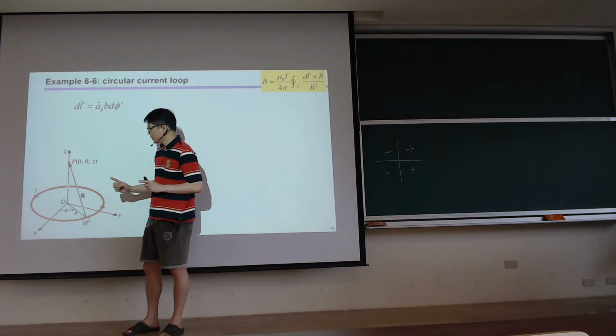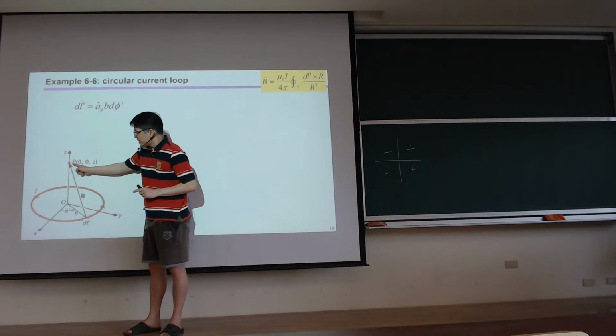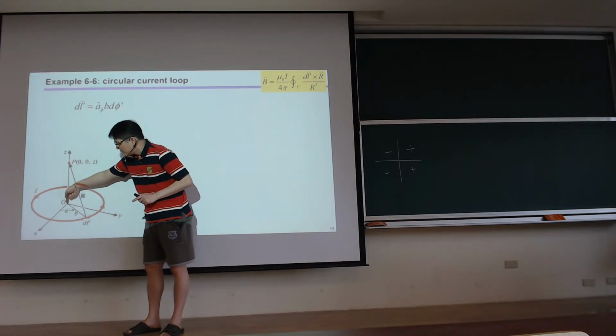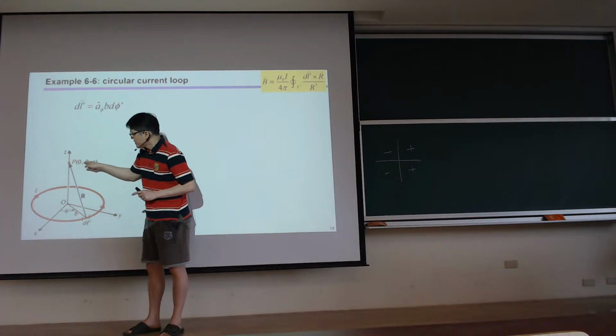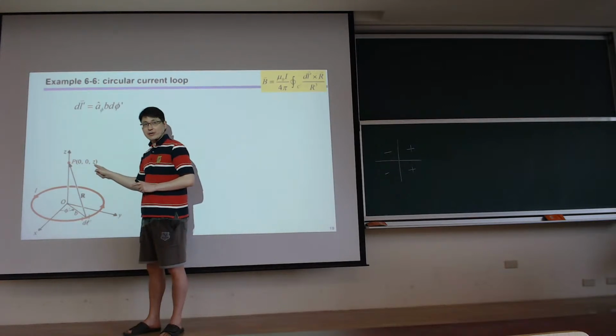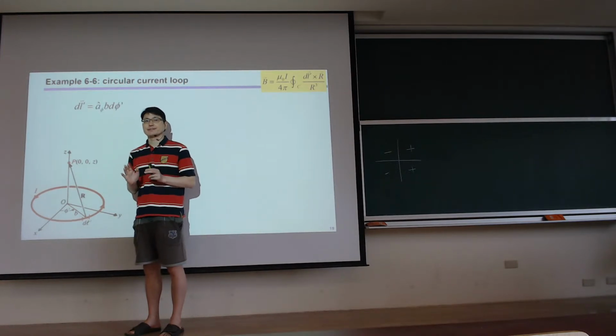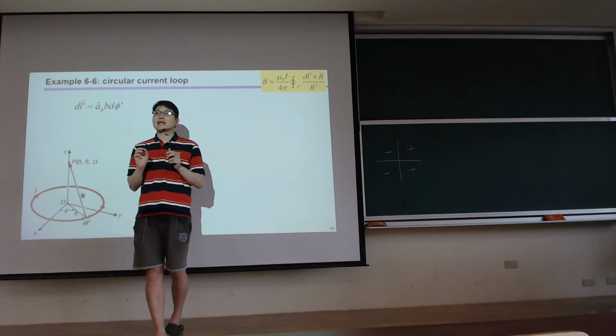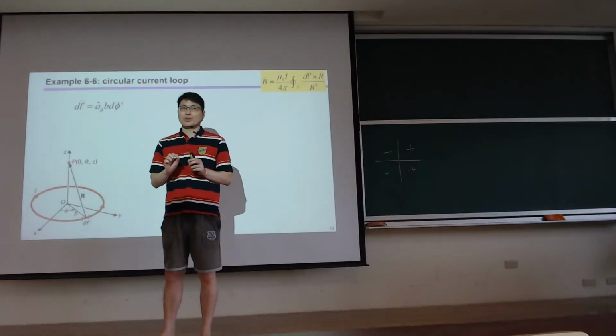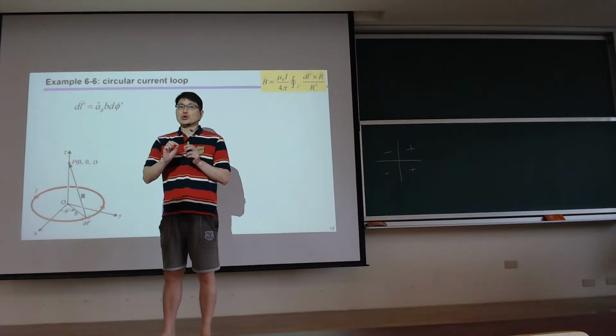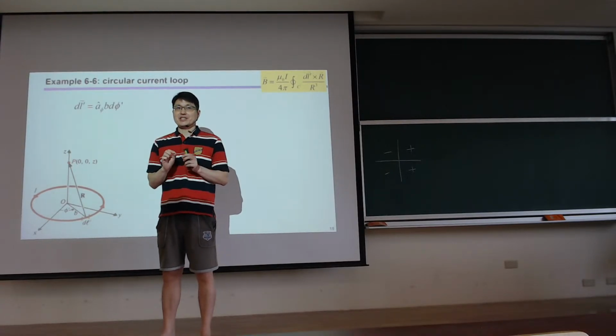Think about it. When the observation point is at 0, 0, and having a z value, it implies we have some beautiful symmetry. So at this moment, can you guess which direction your resulting B field is in?